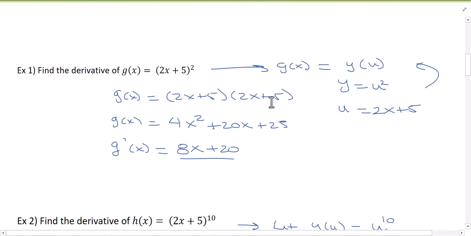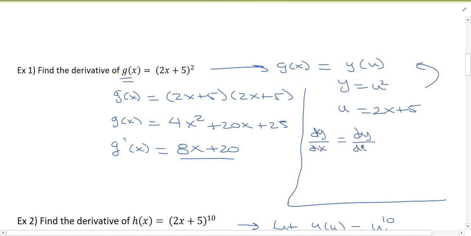Now notice that if I do the same thing here, do I still get the same answer? So using my composition of functions here, right? So this is g, so that means that dg/dx is going to be dy/du times du/dx, according to the chain rule.